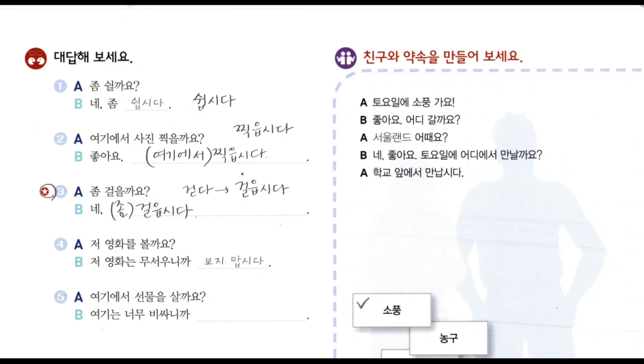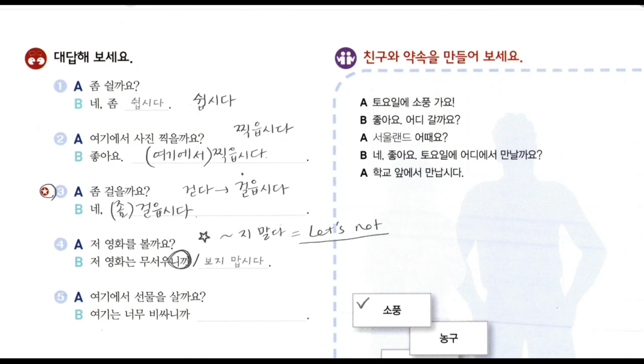4번. 저 영화를 볼까요? 저 영화는 무서우니까 보지 맙시다. This time 지 말다 있네요. 자, what does it mean? 이거 separate grammar point. Let's not. 자, shall we watch that movie? Because that movie is scary.